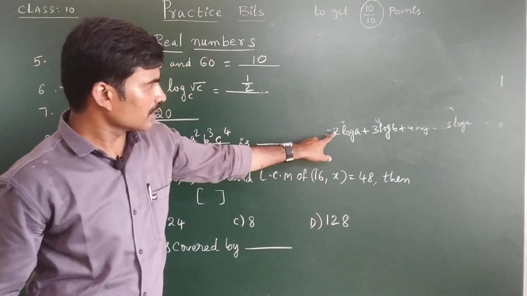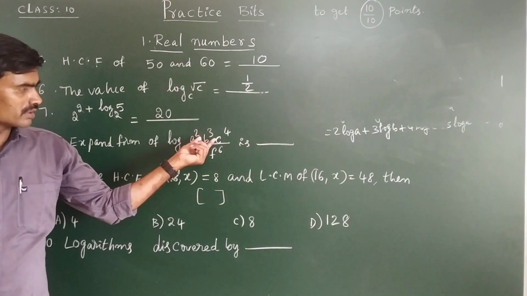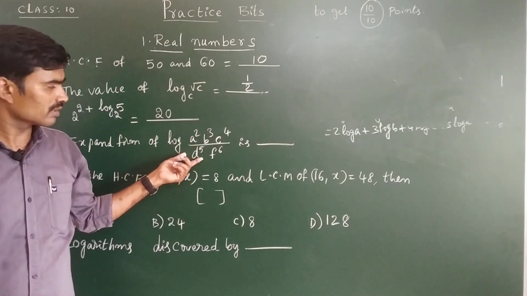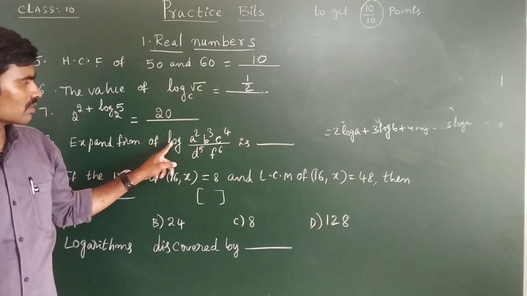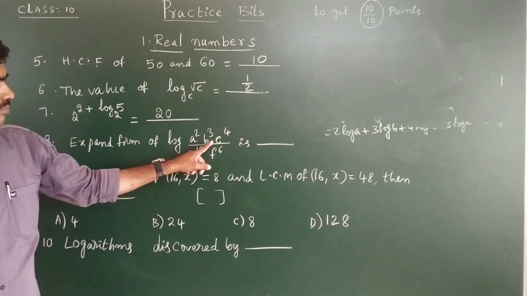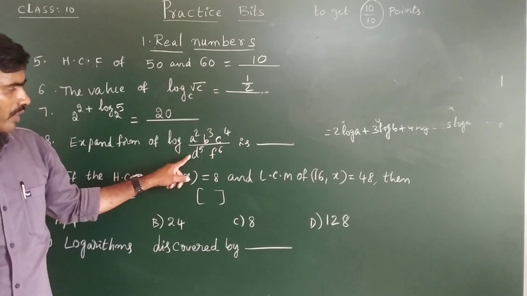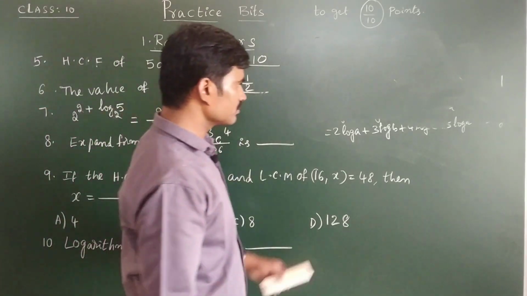Here only you can write, it is in the form log x by y, which is equal to log x minus log y: log 2a plus log 3b plus log 4c, by means minus, so log 5d minus log 6f.